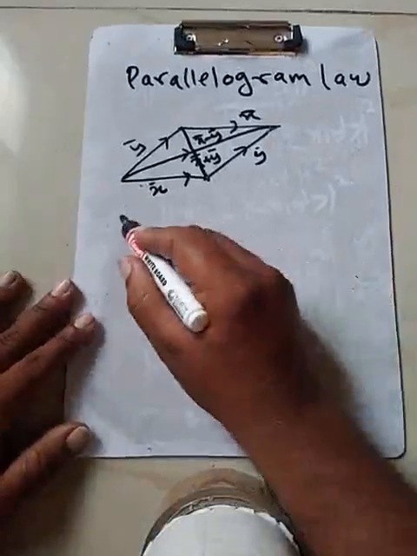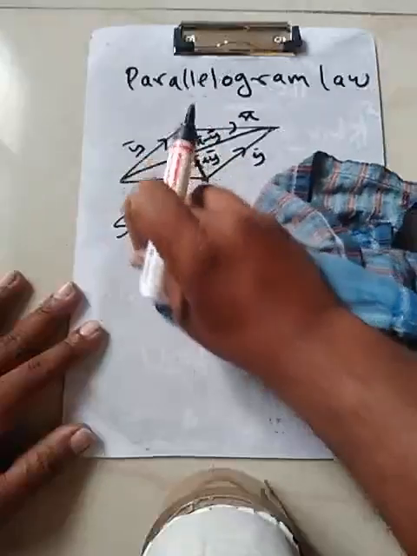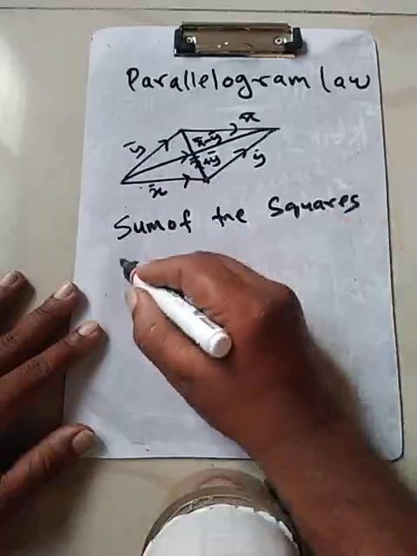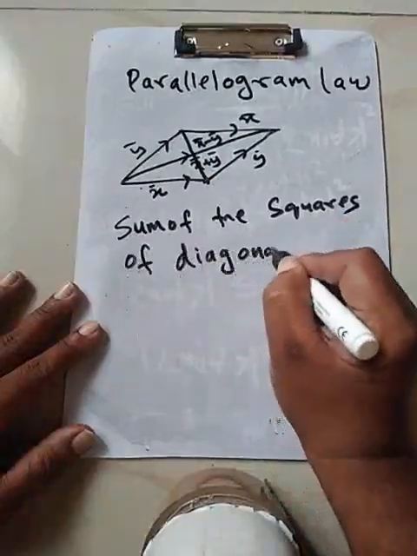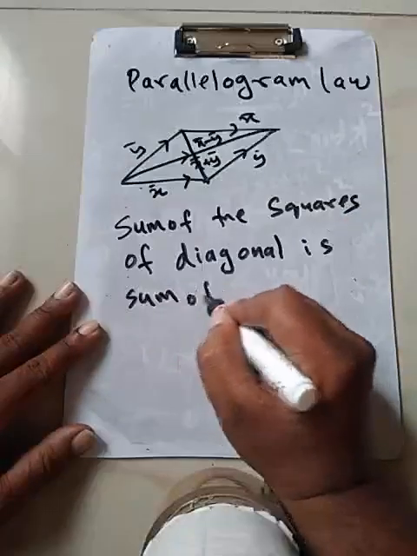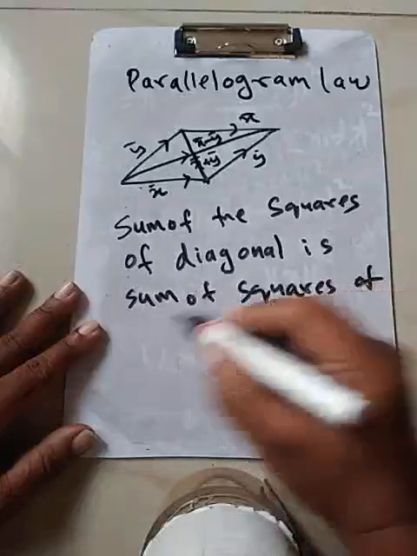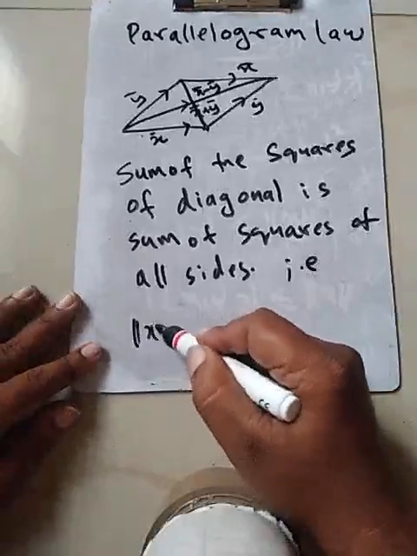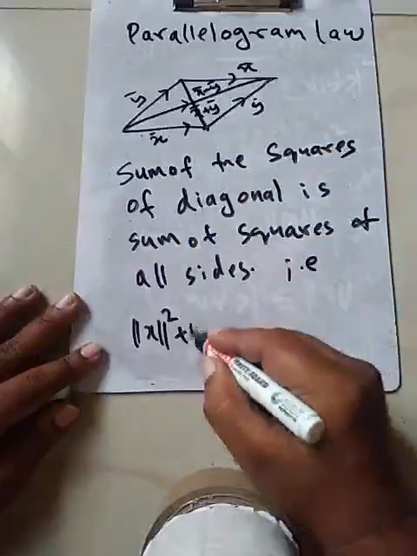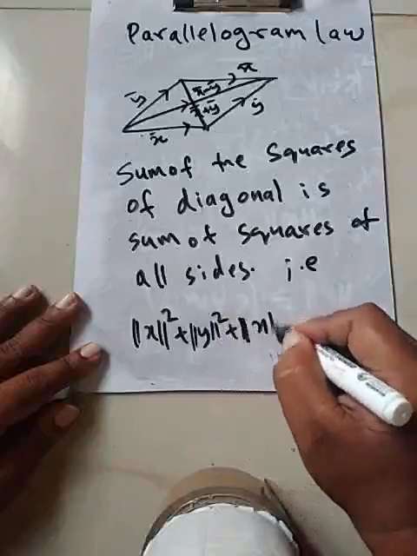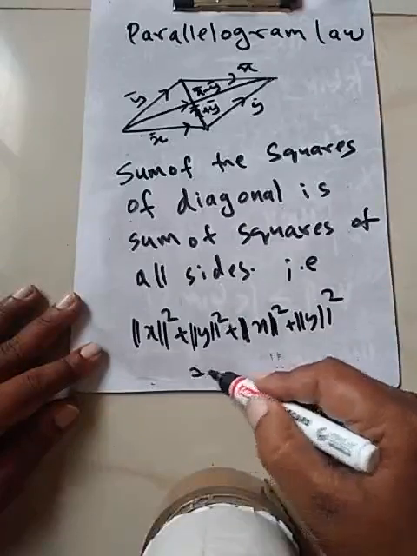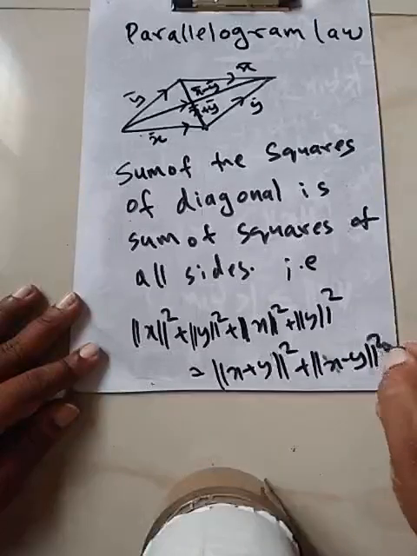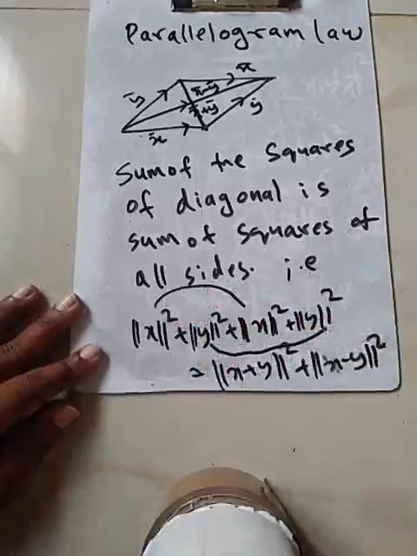From Euclidean geometry, the sum of the squares of the diagonals is the sum of the squares of all sides, that is norm of x whole square plus norm of y whole square plus norm of x whole square plus norm of y whole square is in fact norm of x plus y whole square plus norm of x minus y whole square.